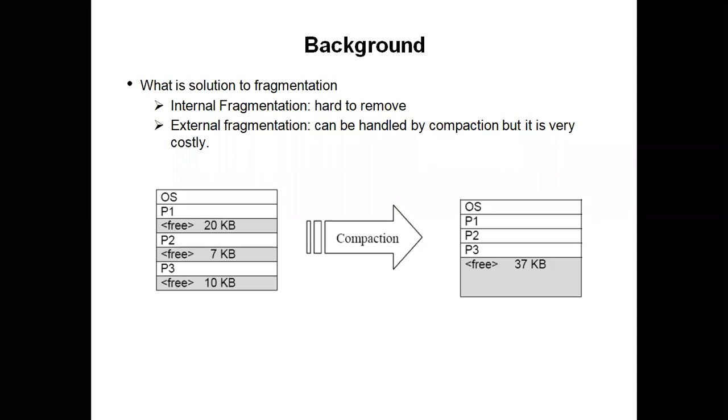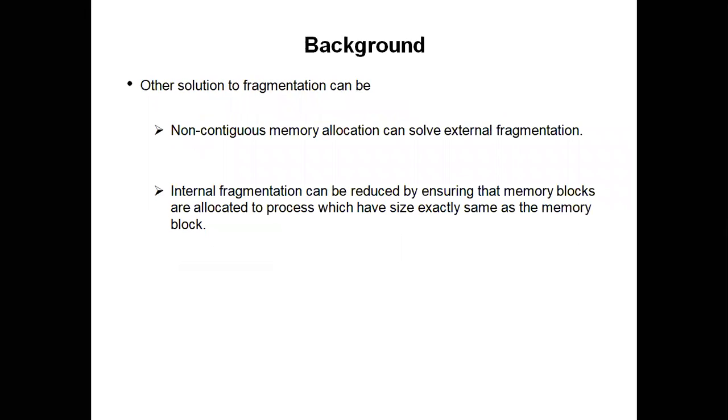If I have distributed blocks, here it is free, here it is free, here it is free, and a process requires 30 KB of memory space, it can be allocated 20 KB here and 10 KB here. So this is how non-contiguous memory allocation will solve the problem of external fragmentation.